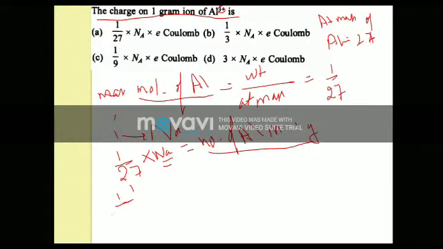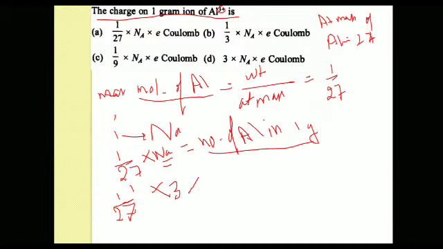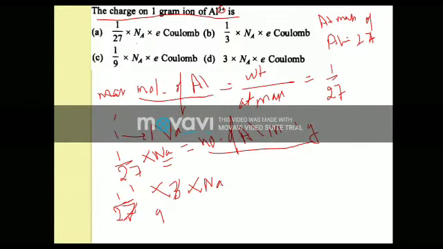So 1 divided by 27 into 3 into Na. Okay, so you will get 1 by 9 Na. Now see, the answers are given in electron coulombs.